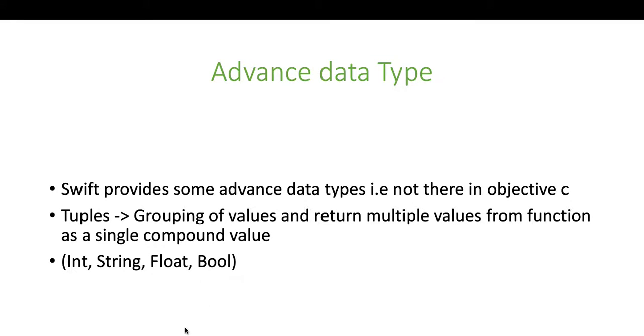So user information can contain username, user biodata, user education, user age, right? So this will have integer, string, float, boolean. You can send it directly, right? And you can access it by using dot zero, dot one, using the indexing, and we will see how we can create it and how we can use tuples, right?